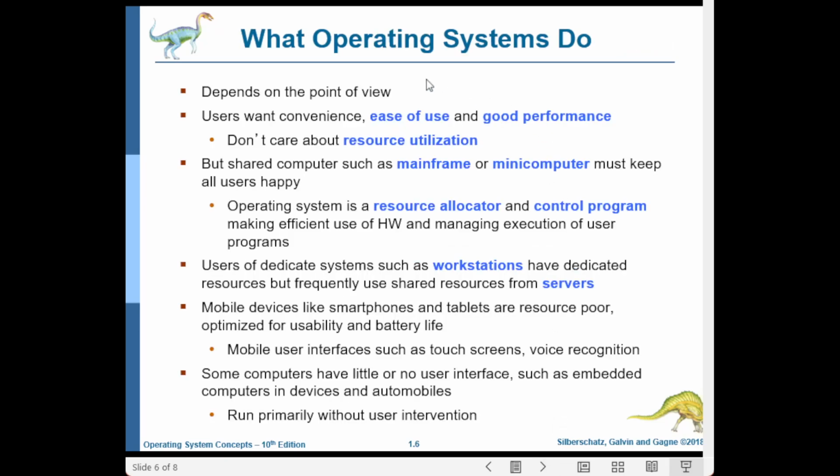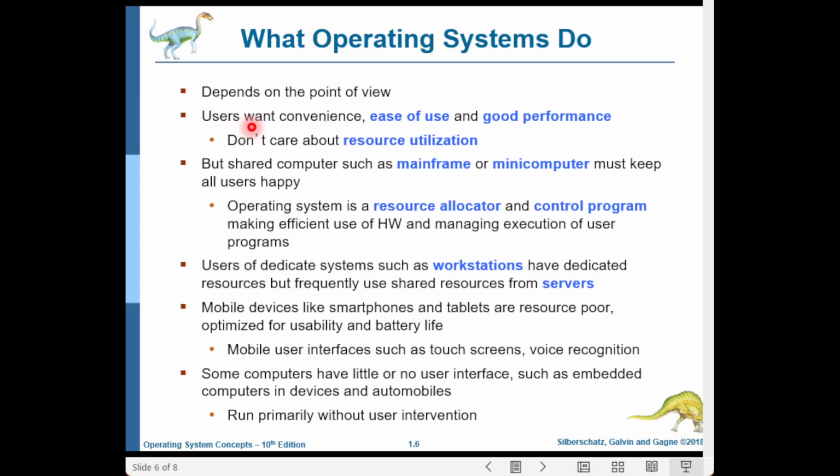Actually, what does OS do? It depends on two points of view. First, when we look from the user's view, the goal of the user when they use a computer system is that they want the computer system to maximize the task that they are performing.